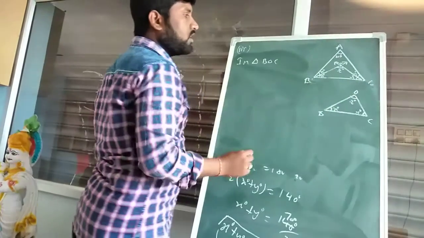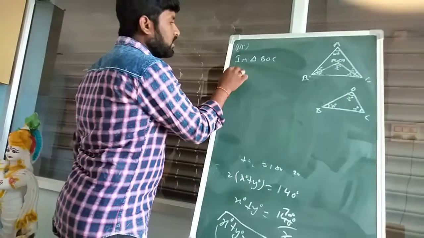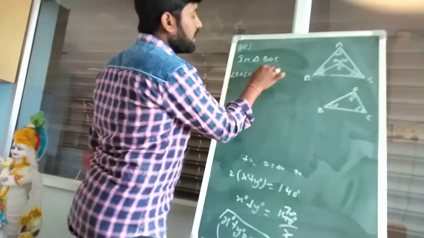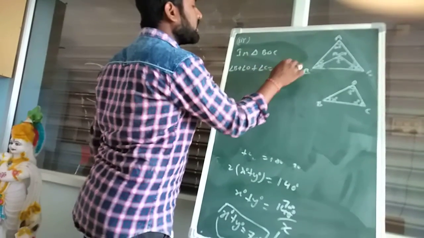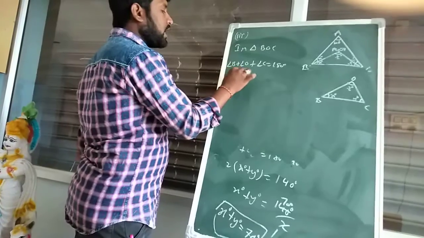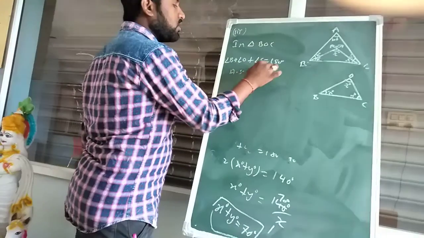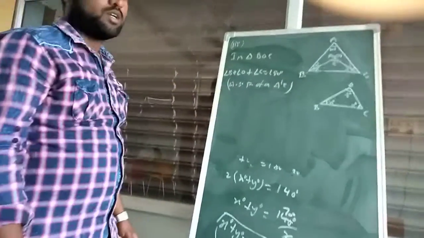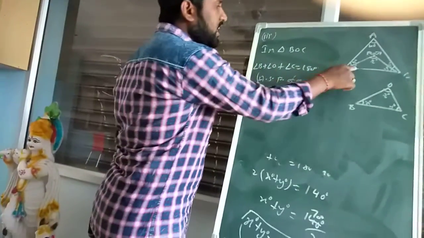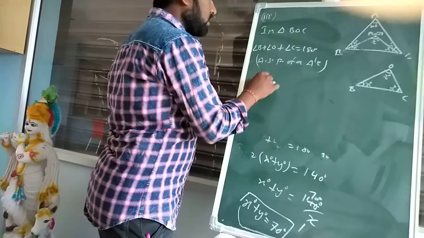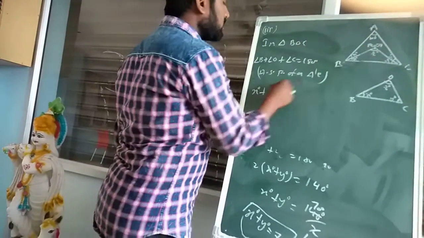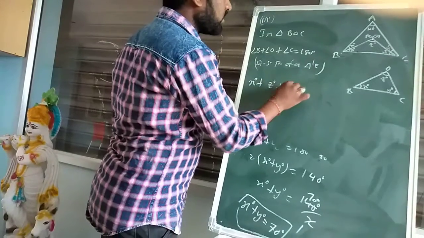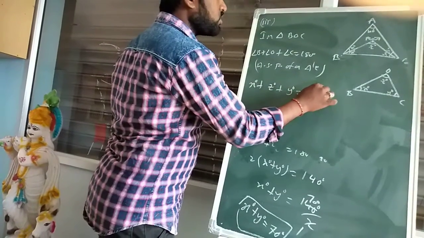In triangle BOC, we know angle B plus angle O plus angle C is equal to 180 degrees. This is the angle sum property of a triangle. Now angle B is x degrees plus angle O is z degrees plus angle C is y degrees, equal to 180 degrees.